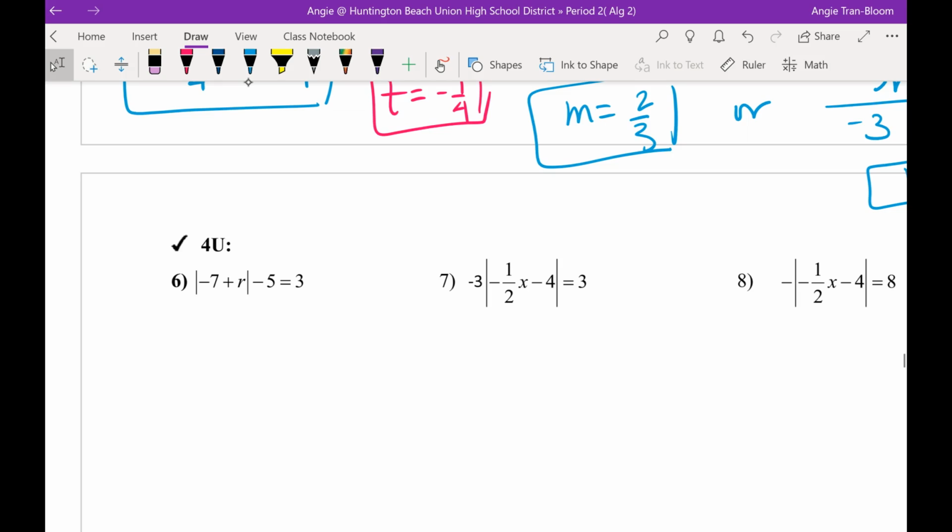Please show your work so we can understand it better. Check for U6 goes to Brooke. Come on down, grab a pen that works. Check for U7 goes to Aaron. Check for U8 goes to Chance.